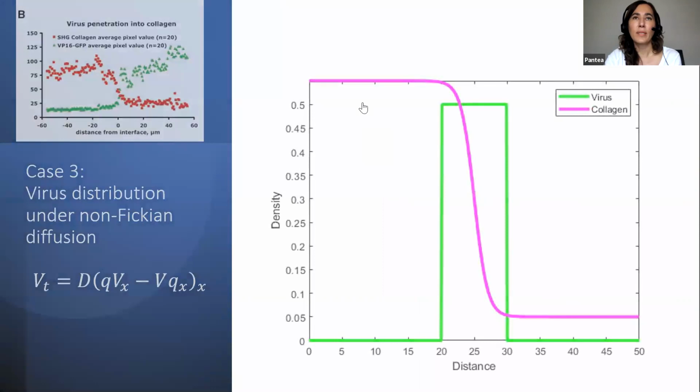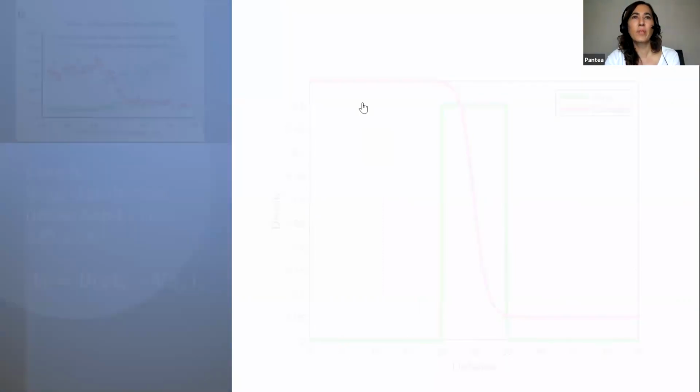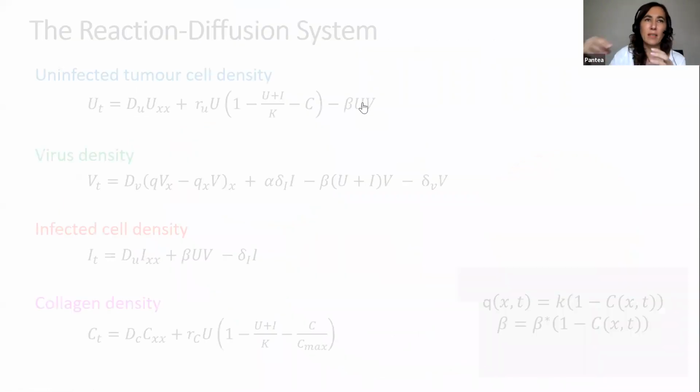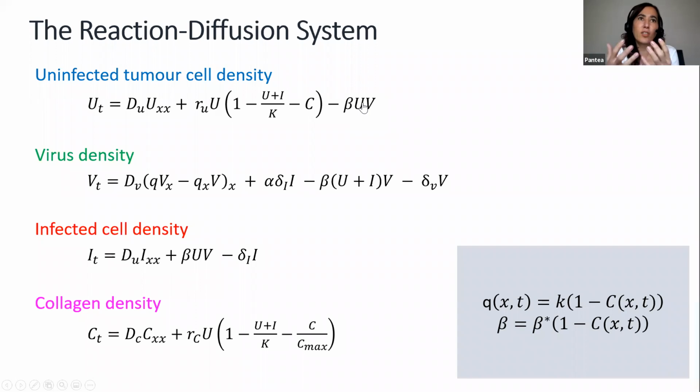The tumor cells are not really going to be impacted by the diffusion of the virus, because they're so much larger than the virus that they're just going to diffuse out into space where they have space. But yes, there's a lot more that can be done there. You can also have the diffusion of the tumor cells depend on collagen, which is what I've done with the growth. So that's definitely something that could happen and probably does happen. It probably wouldn't move into regions where it can't go. Yeah. Thanks.